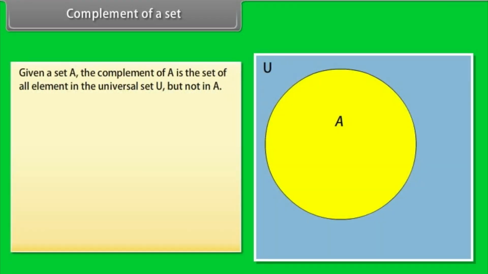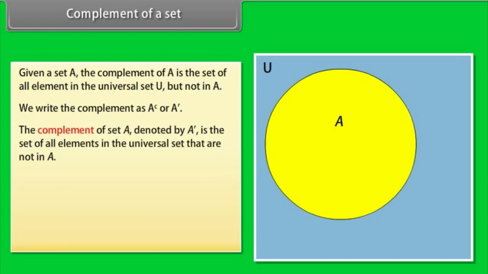Complement of a set. Given a set A, the complement of A is the set of all elements in the universal set U, but not in A. The complement of set A, denoted by A dash, is the set of all elements in the universal set that are not in A. The shaded area outside A represents A dash.